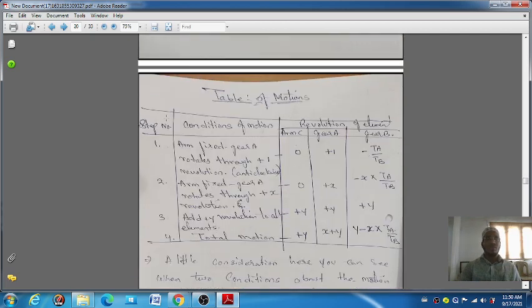In every problem we have to follow the 4 steps. Every problem's question will tell how many gears and how many arms there are. If the arm is 1 and gears are 2, just make 3 columns. If there are 3 gears or more, make 4 or 5 columns.